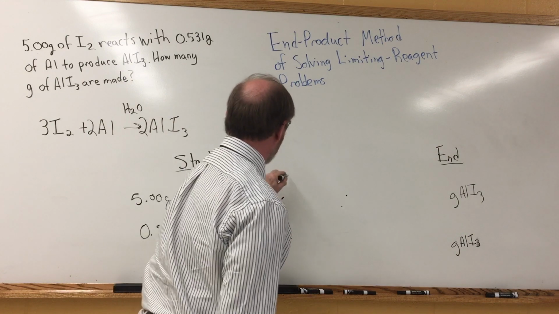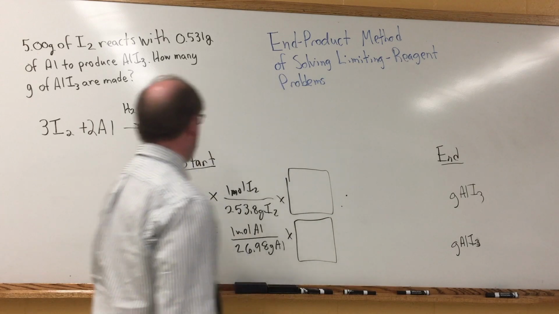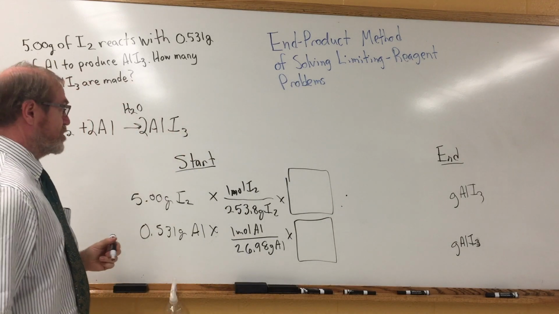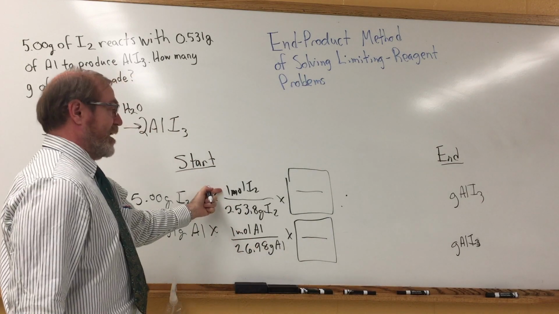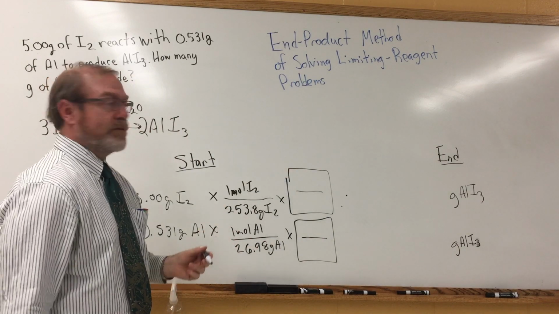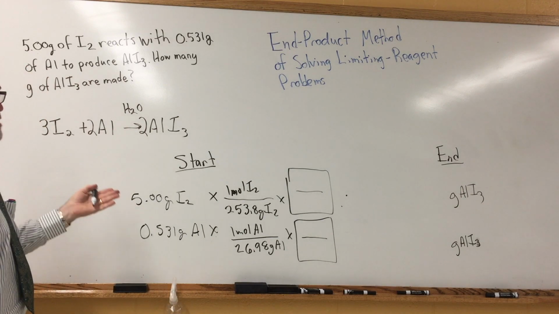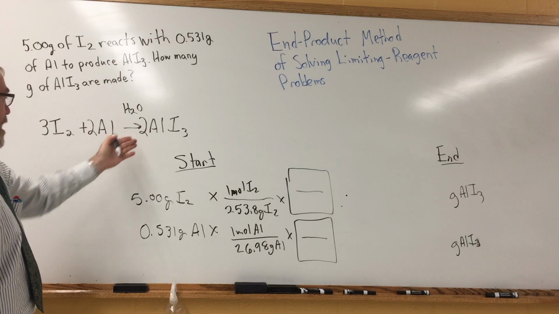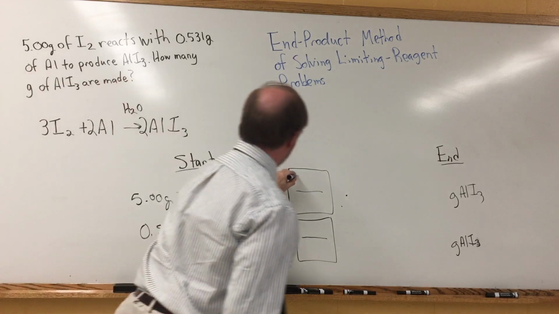Now the middle step is the mole ratio. Okay? That's why we needed the balanced chemical equation. So we need to go from moles of iodine in this case to moles of aluminum iodide. Using the ratio, we put what we're moving to on top, so it'll be 2 moles of aluminum iodide, and what we're coming from on the bottom, which will be 3 moles of iodine.